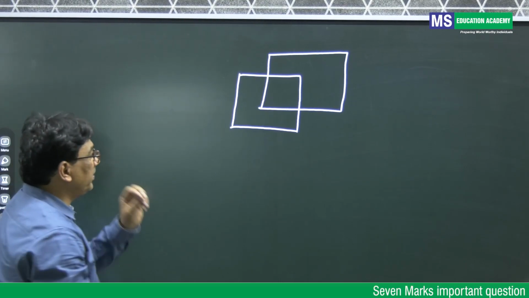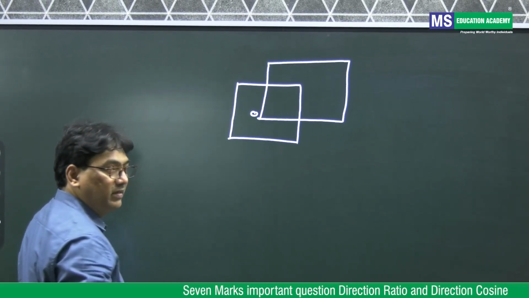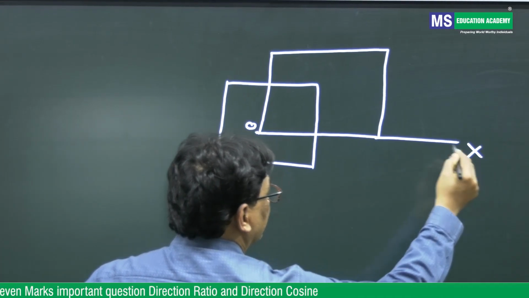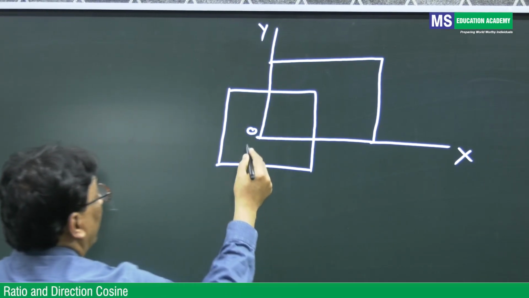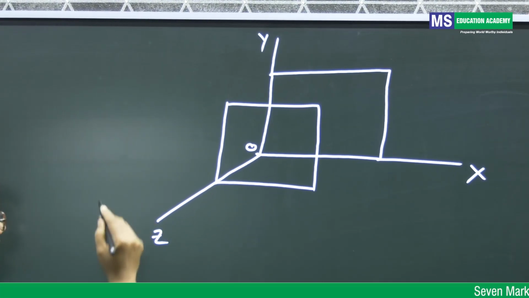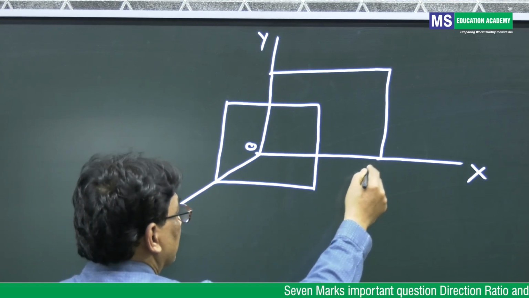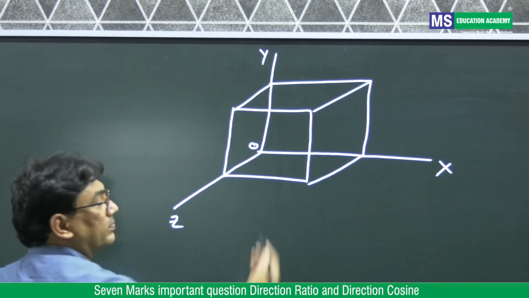After that, the point in the middle you can take as the origin. The horizontal one you can extend, that is taken as x, the vertical one we can extend, that is taken as y, and diagonally, like this cross, that is taken as z. After that, join the corners and it becomes a cube.